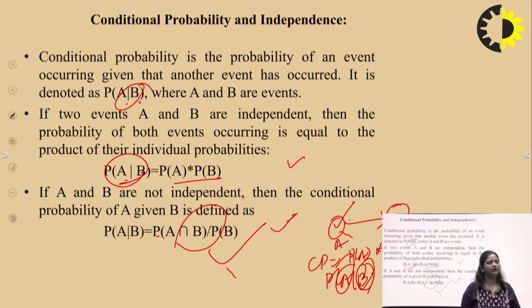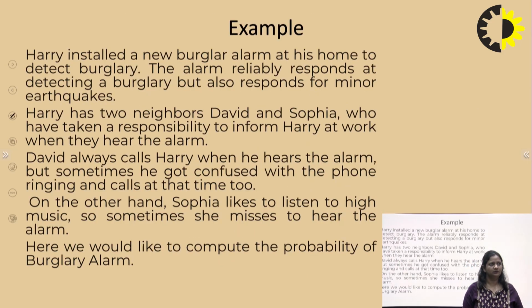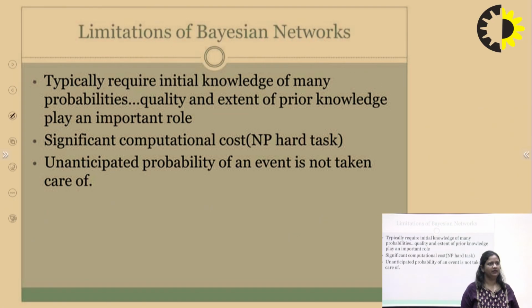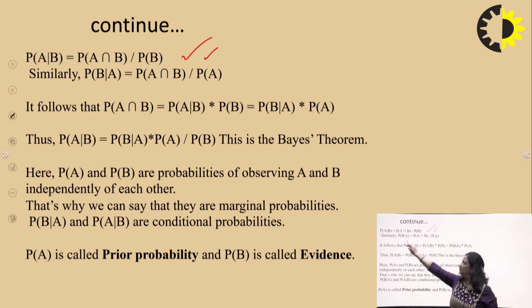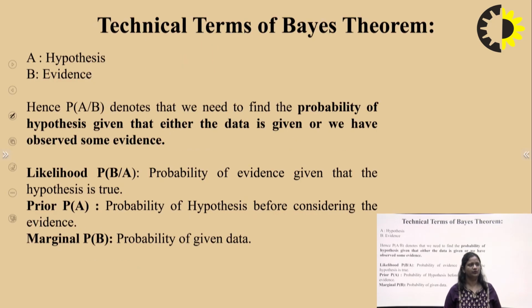If A and B are not independent, then P(A|B) is given by this equation. Similarly, P(B|A) like this. It follows P(A intersection B), this multiplied by this and so on. Thus, by using this we can calculate Bayes theorem.